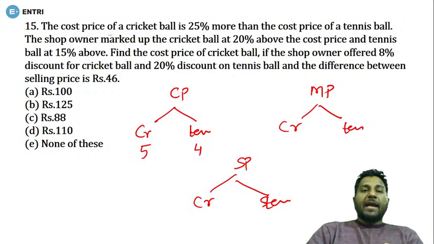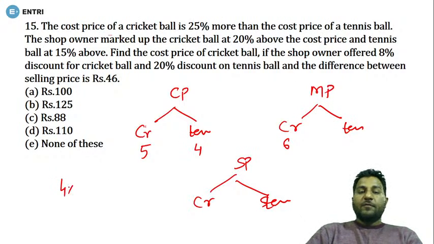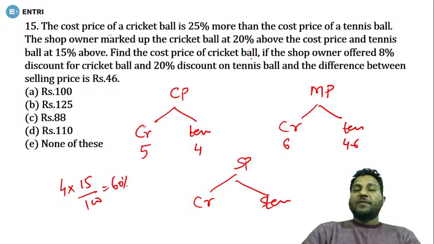And the shopkeeper marked up the cricket ball at 20% above the cost price. 20% above means 1/5 above, so it must be 6. And the tennis ball at 15% above, so 15% of 4 would be 0.6, so 4.6. Find the cost price of the cricket ball.